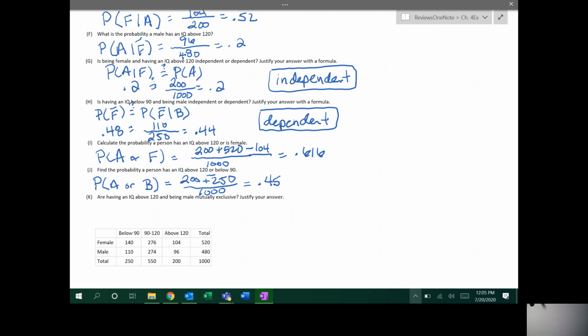And let's talk about this mutually exclusive. Unlike independence, you should use common sense to figure out if things are mutually exclusive. Are there people that have an IQ above 120 and are male? And you hopefully know some people like that in your life.